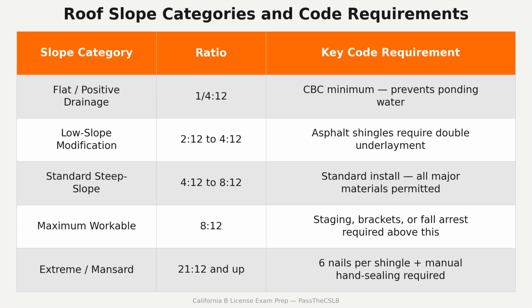The gambrel does the same thing, but only on two sides, leaving gable ends exposed. Think barn. The Dutch hip is the intelligent compromise, dominant hip structure with a small gable section inserted near the ridge ends. Wind resistance of the hip, ventilation, and character of the gable.